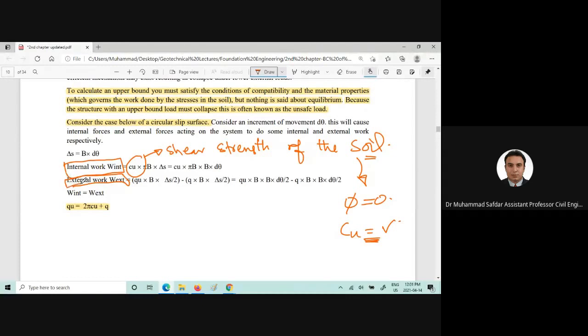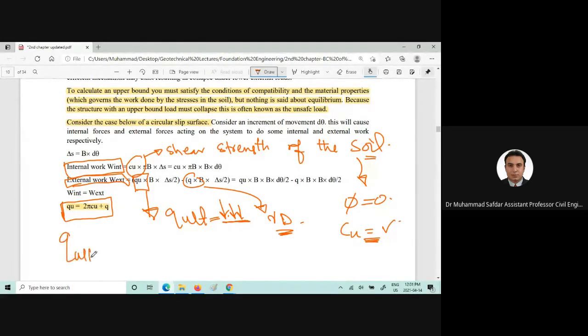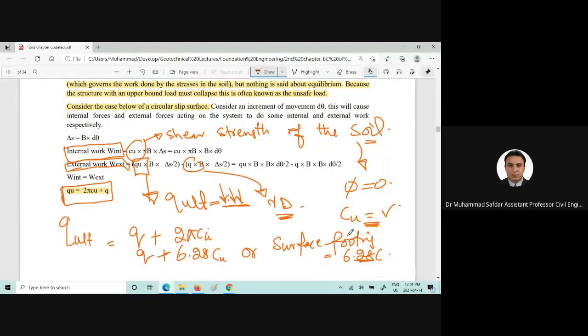The external work done is related to the Q ultimate, the load which is applied on top of that foundation, and Q bar which is related to the gamma into D. If we equate the internal and external work done, it will give us an expression which is of prime interest to the geotechnical engineer, and that is Q ultimate is equal to Q bar plus 2 pi Cu, or we can say Q bar plus 6.28 Cu, or for surface footing that would be equal to 6.28 C.